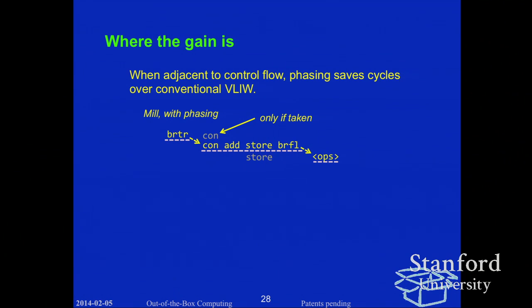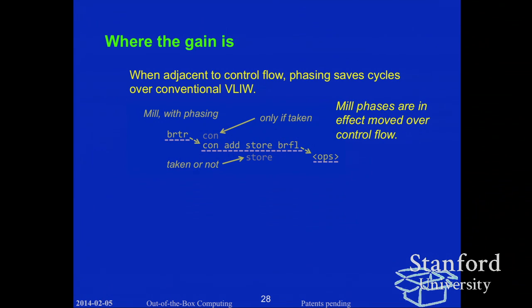Similarly, the store in mill phasing will be at 1 cycle later, but even though there is a branch there, the exit branch, that store will be executed whether that branch is taken or not. In effect, mill phases get moved over control flow.